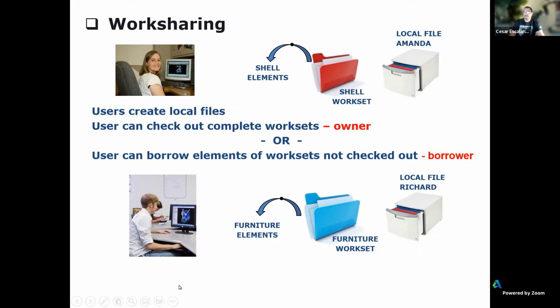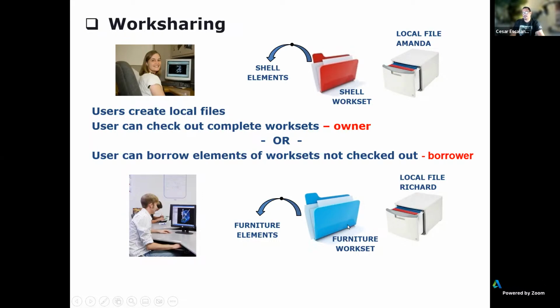All right, here are two users. The user A, I'm going to call her Amanda. Amanda can check out the entire work set as an owner, and only she can work on that work set. And then let's call this one Tim. Tim can check out just pieces of geometry inside of the furniture element.